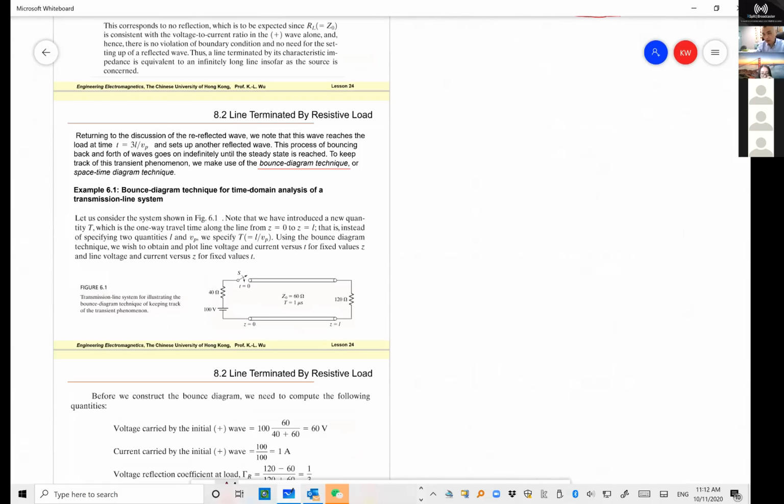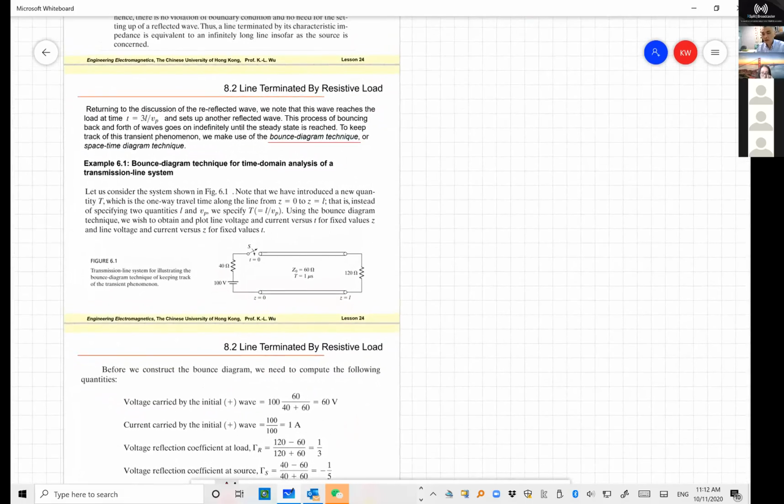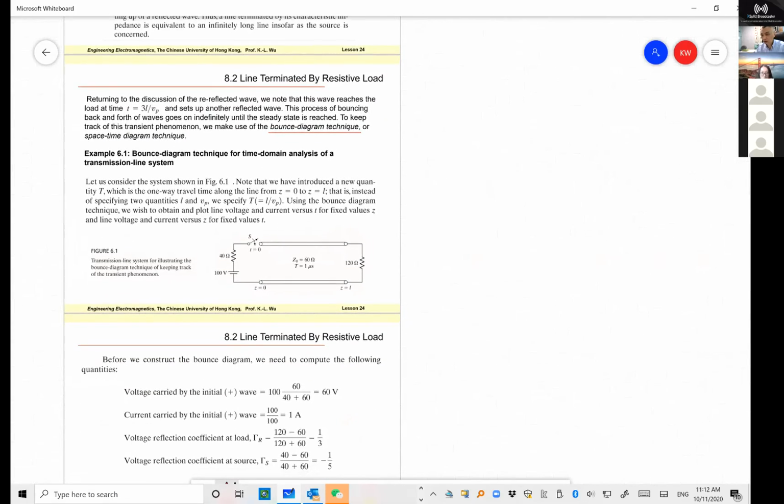I still have a few minutes. Now let's talk about a general case, and we introduce a method we call the Bounce diagram technique.